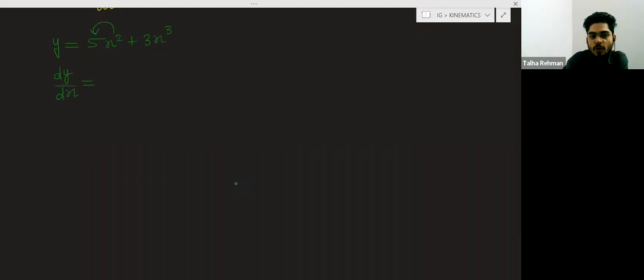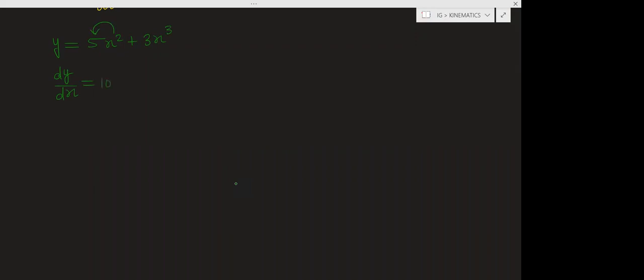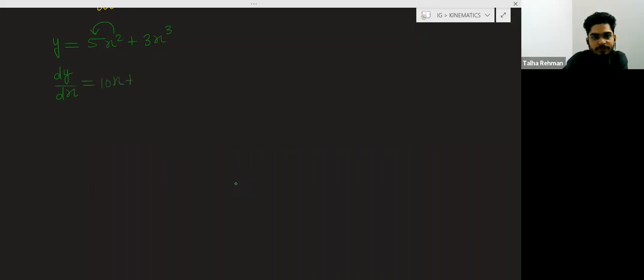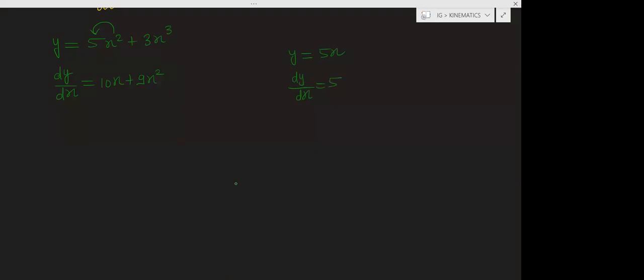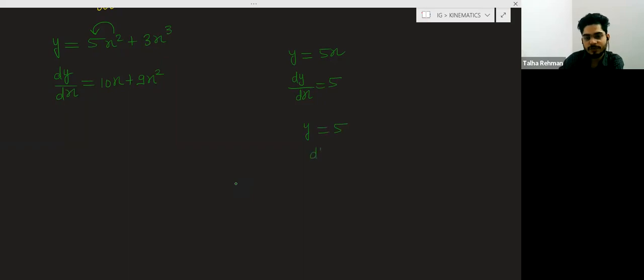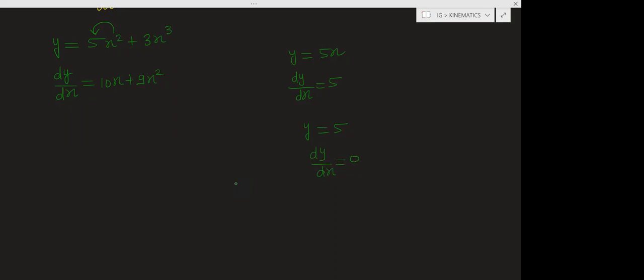I will multiply the power with 5, so this will become 10x, plus 9x square. If I want to differentiate 5x, what will be the dy by dx? Only 5. If y is equal to 5, a constant, then what will be the dy by dx? 0. Very good. This thing you should know.